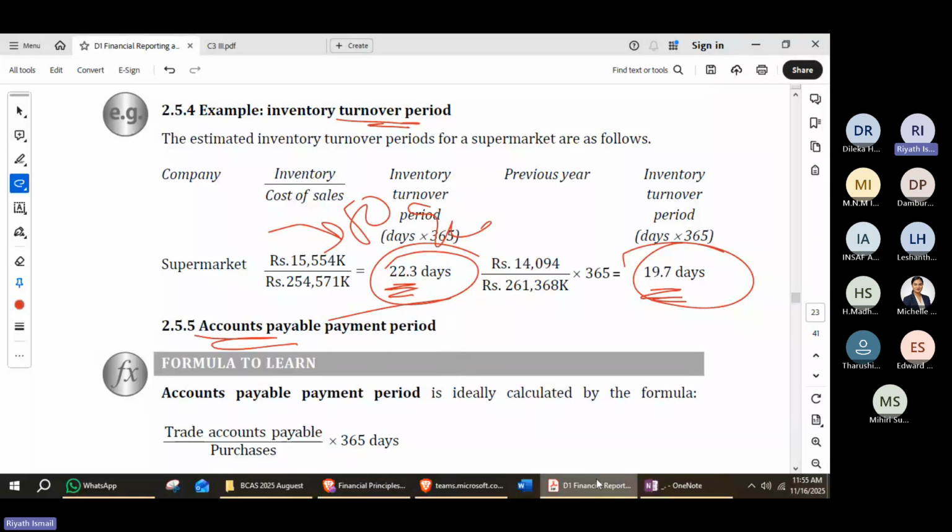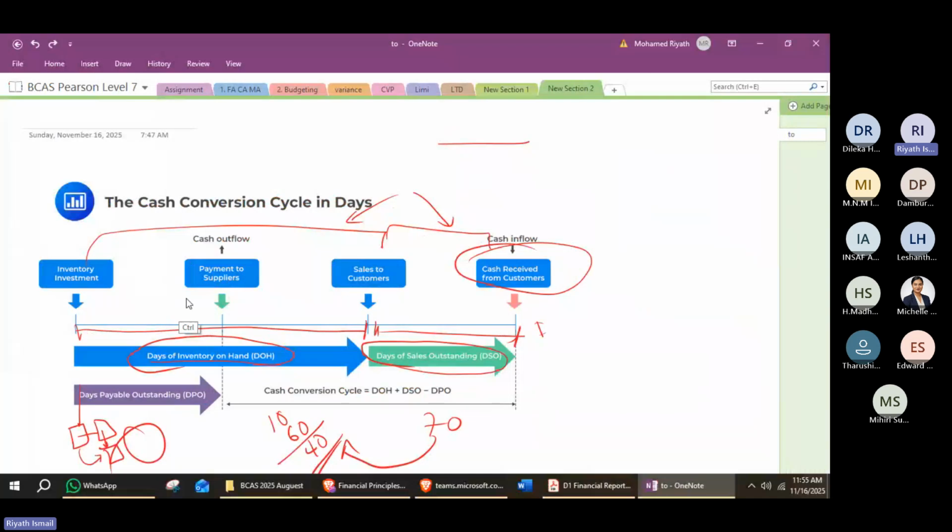The next part is the account payable period. Now we are going to talk about this aspect. Supplier, right? We purchase inventory on this day and we settle the payment on this day. So we take some credit terms. So how long?